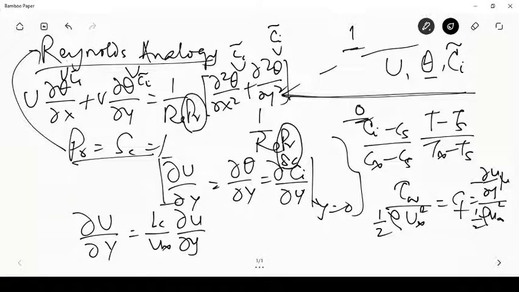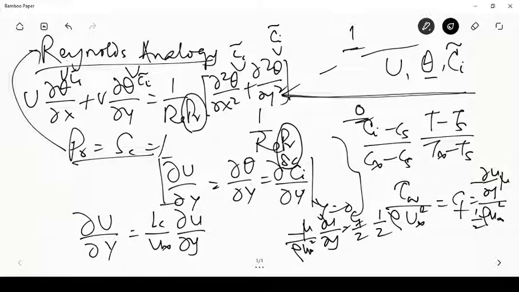If I rearrange this expression, I'll get minus mu del u by del y divided by rho u infinity squared is equal to Cf by 2.